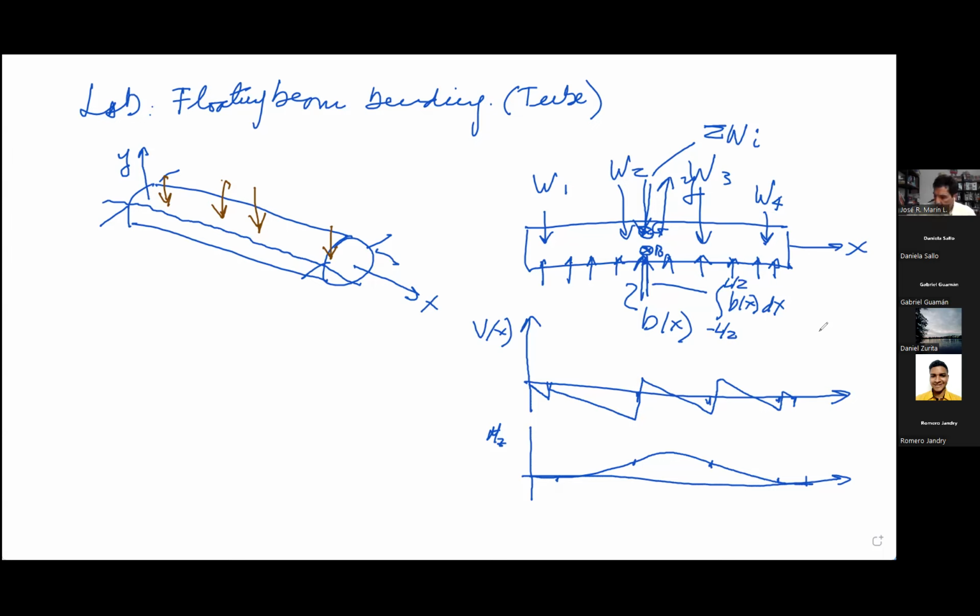Are you with me, people? Now, to calculate B, you need the draft. To calculate the draft, you need to equate the weight, which is this, with the buoyancy.